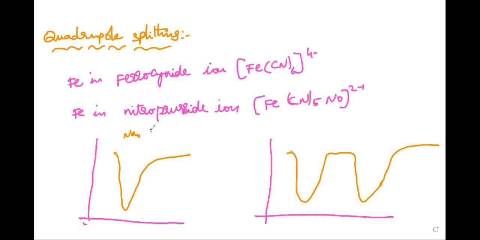Na4Fe(CN)6 spin paired, and this is for Na2Fe(CN)5NO 2H2O spin paired.